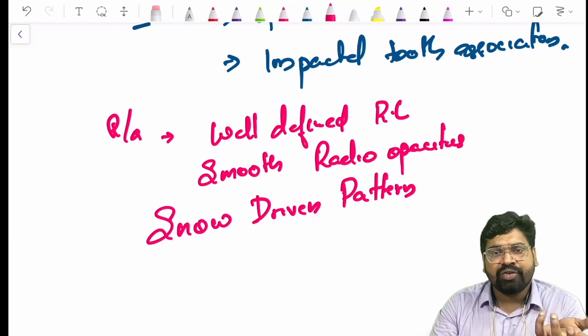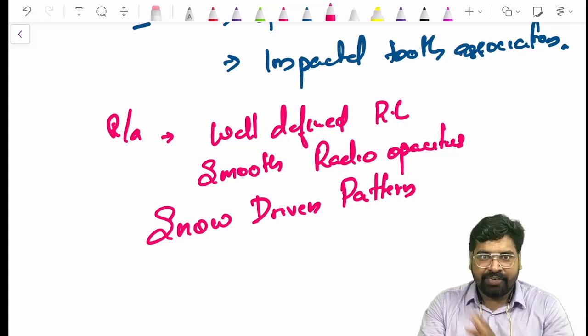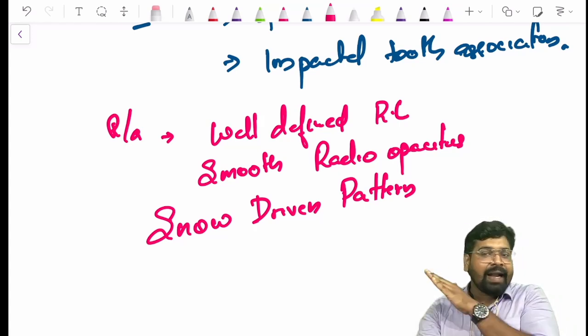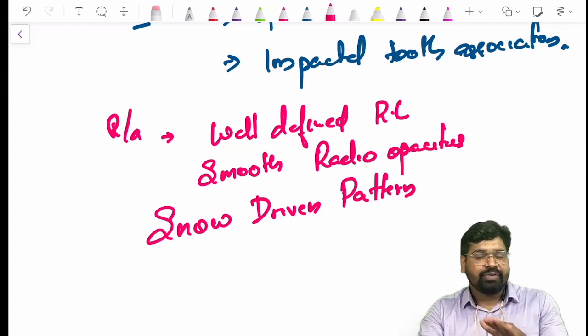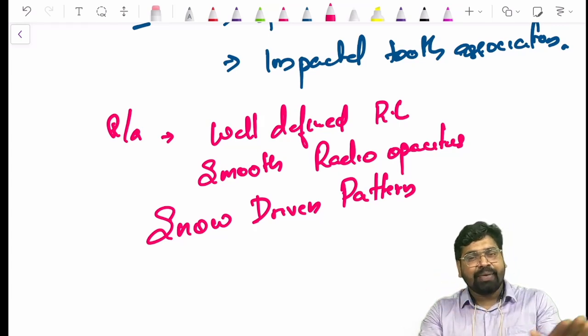Have you seen driven snow? What do you mean by driven snow? When in the mountains the first snowfall is happening, one layer of snow is formed, above that another layer of snow is formed, and when it goes undisturbed, it will have a very smooth pattern of deposition, right?